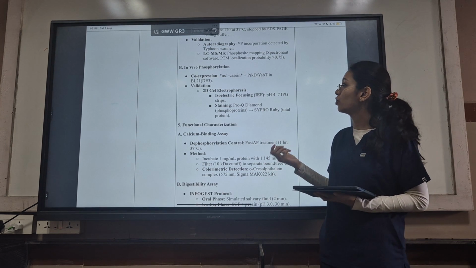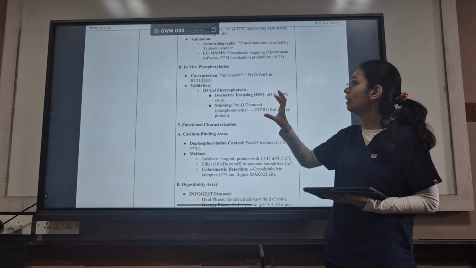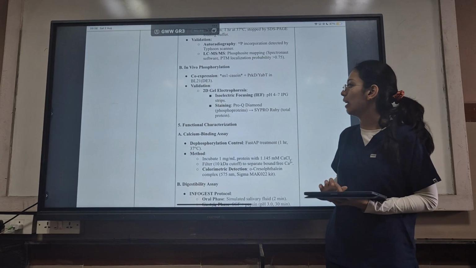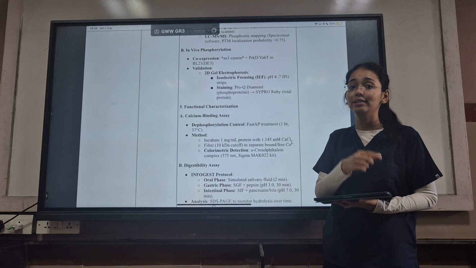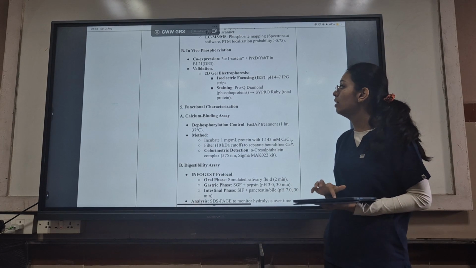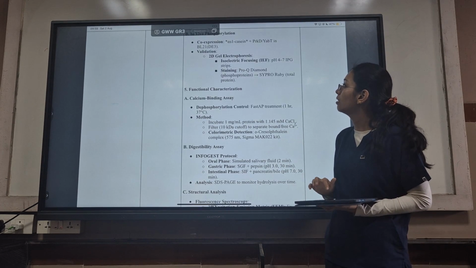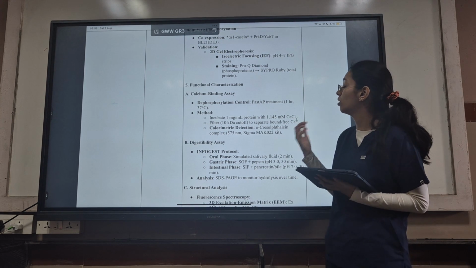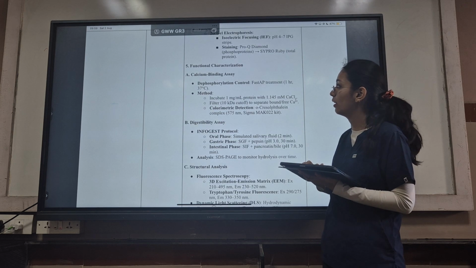The co-expression using the same casein gene plus the kinase was also validated using 2D gel electrophoresis, using isoelectric focusing and staining with Pro-Q Diamond and SYPRO Ruby, which helped reveal the total proteins available.